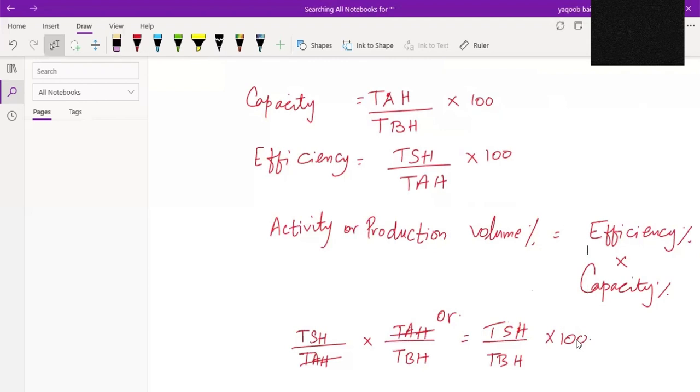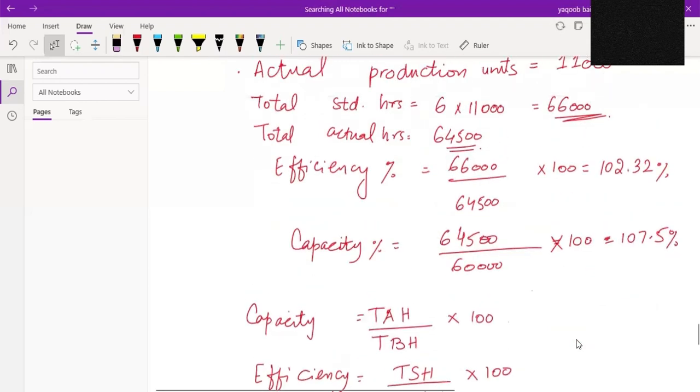So the total standard hours are 66,000 and total budgeted hours are 60,000.